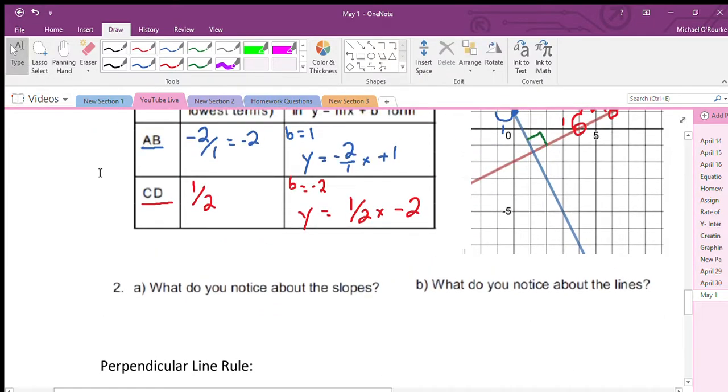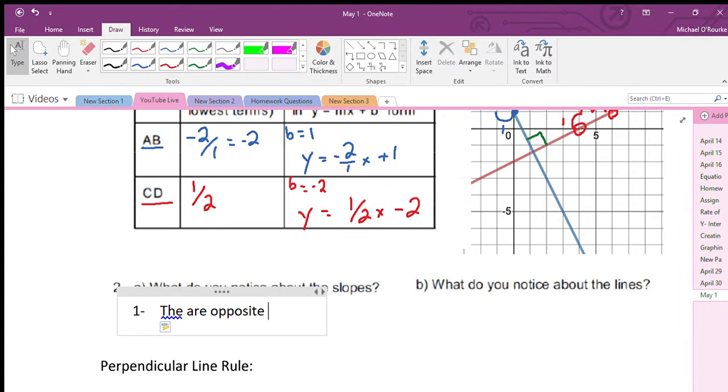So what do we notice about the slopes? Well, 2 things. Notice 1, they're opposite signs.